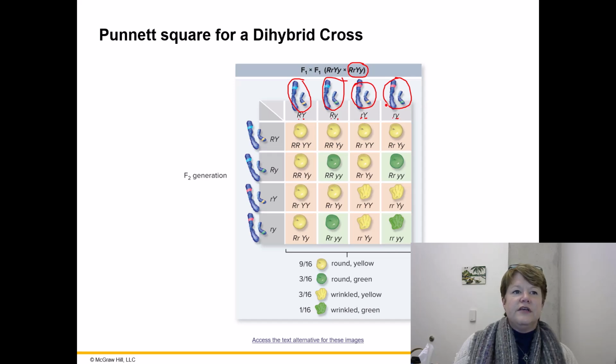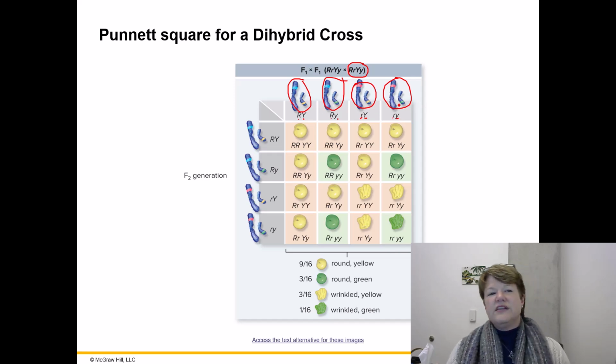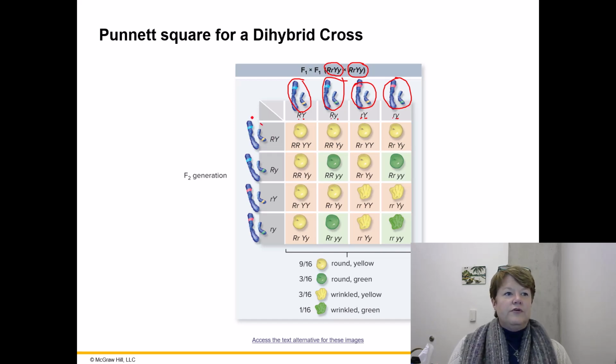So there's 4 different slightly genetically different eggs. And since it's a self-fertilization, the father is the same. And so you can get 4 genetically different sperm types. And I put tails on my sperm. And then when any egg meets with any sperm, they fuse here and you get the genotype of the offspring.